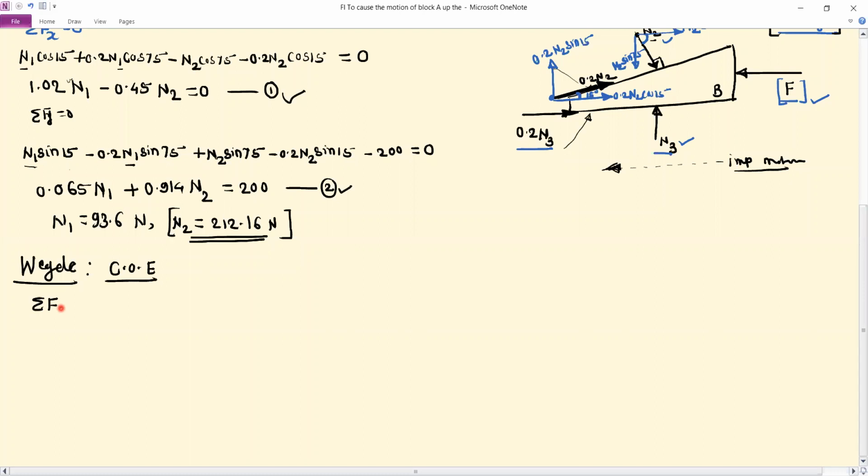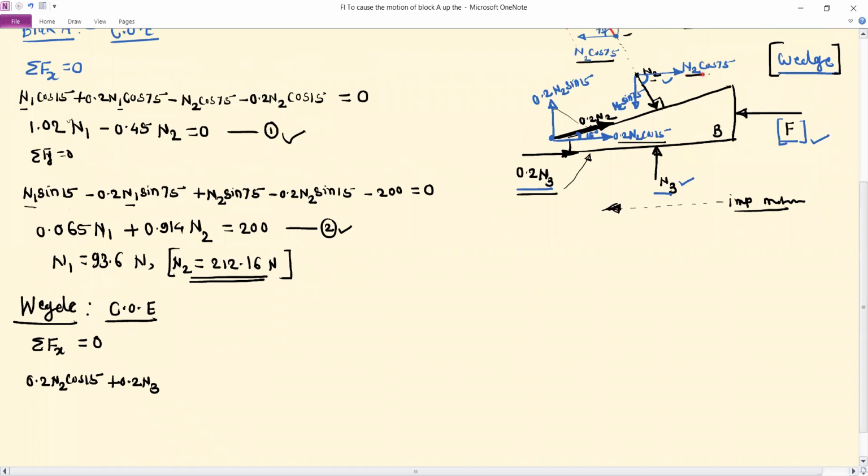So summation fx is 0. So for the summation fx equal to 0, this is the x component. So it is 0.2 n2 cos 15. Then 0.2 n3. And there is one more component, which is n2 cos 75.